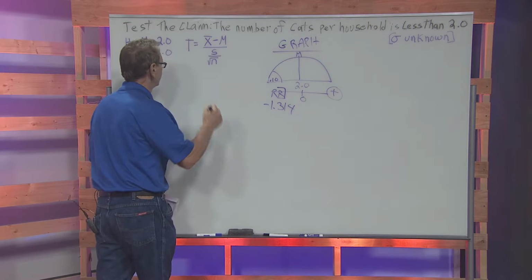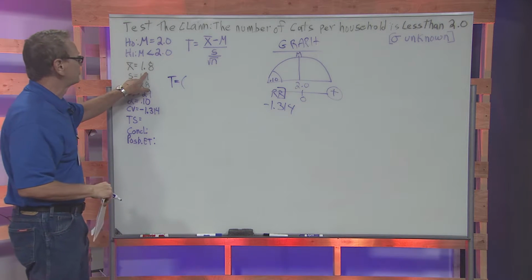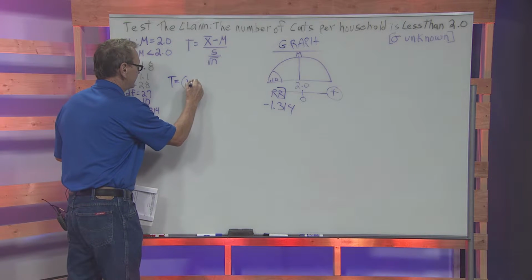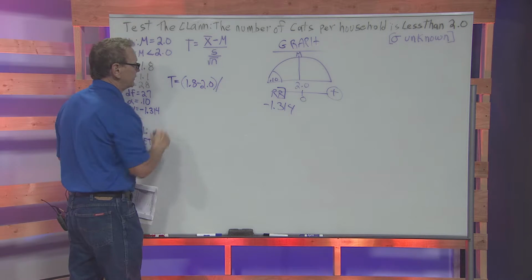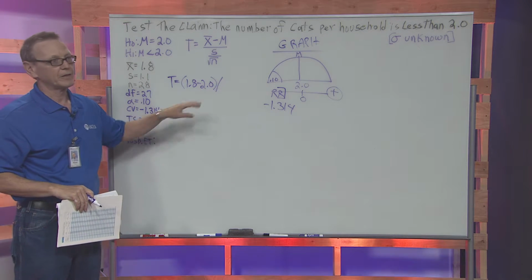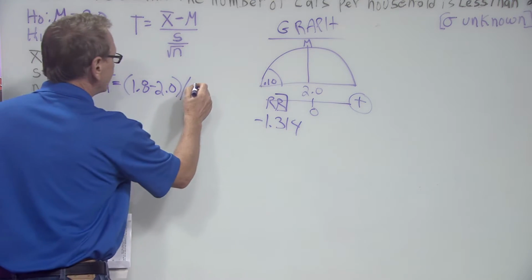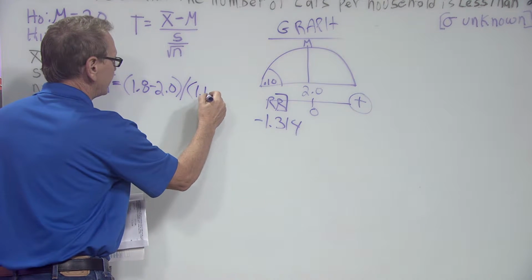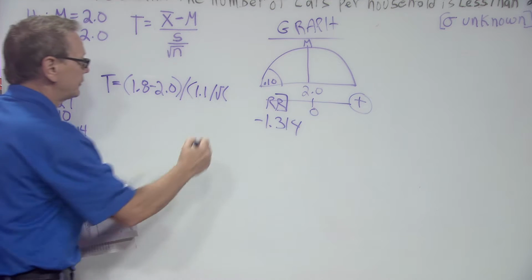So we start by substituting into the formula. X bar is 1.8, mu is 2.0. The first thing the formula does is compare the sample mean to the population mean. Then we will divide by the standard deviation, and that is divided by the number of samples.